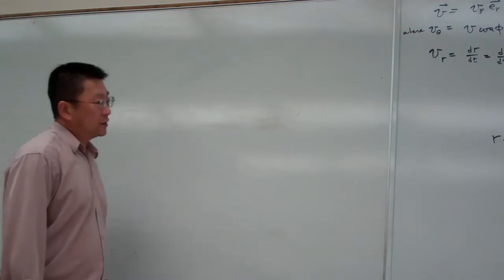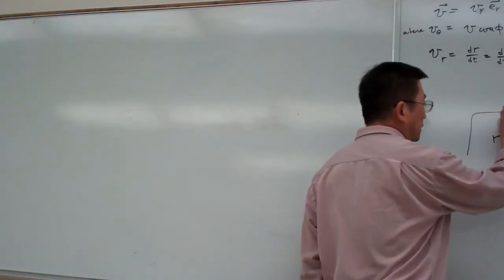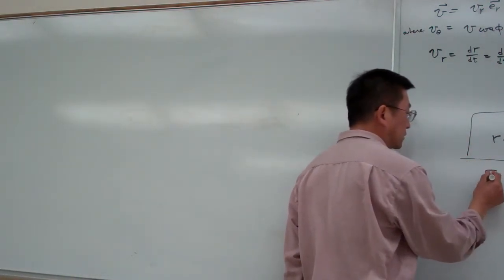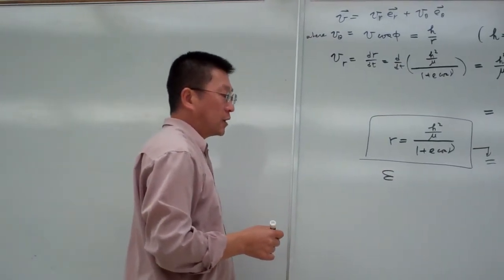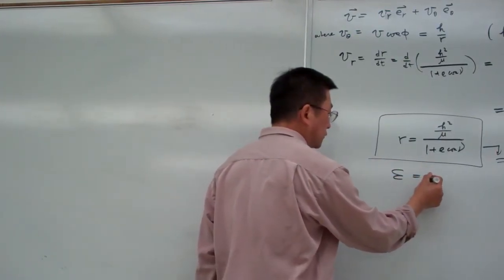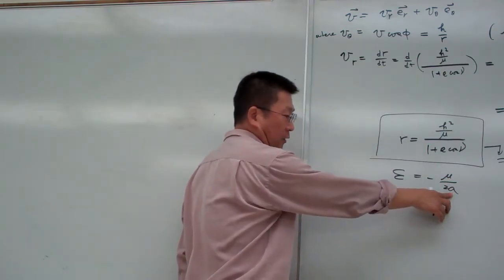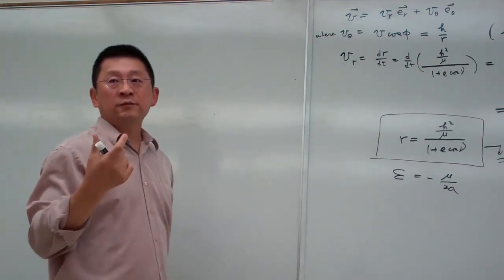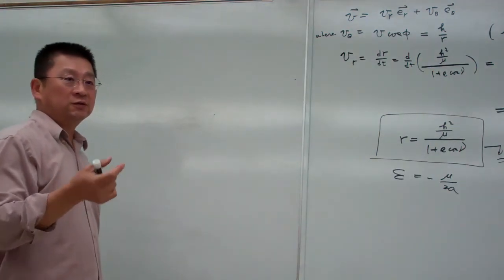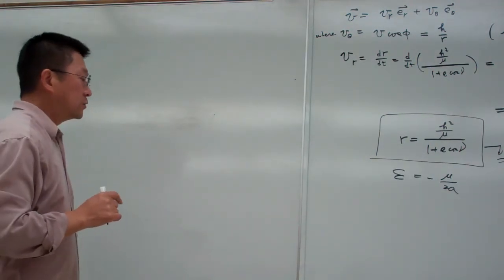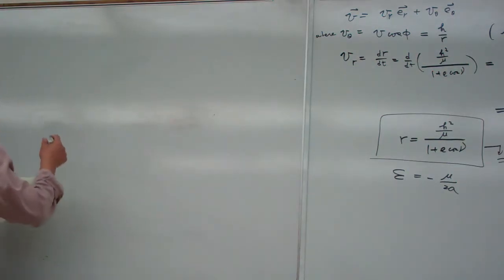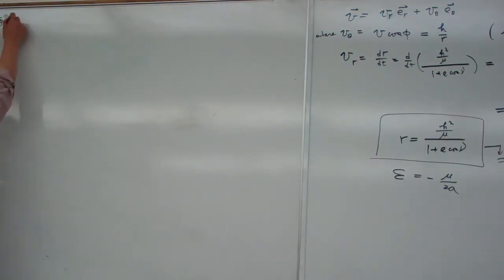Again, the equation of the orbit is here, and you have also learned the mechanical energy, which we related to, for example, minus mu divided by 2a. A, for the first time, we know is a certain parameter in the geometry, the shape of the orbit. So now we're going to do a little bit more about these things.